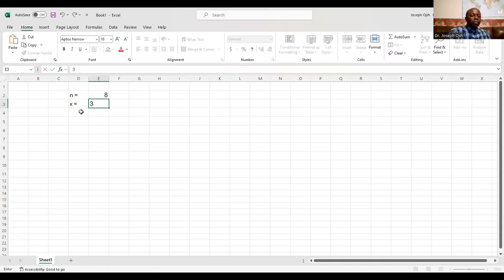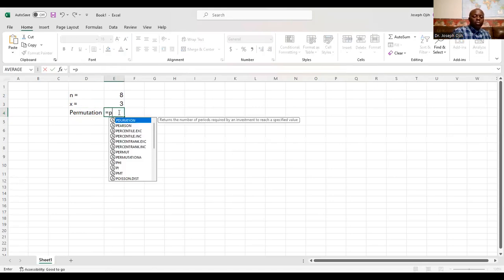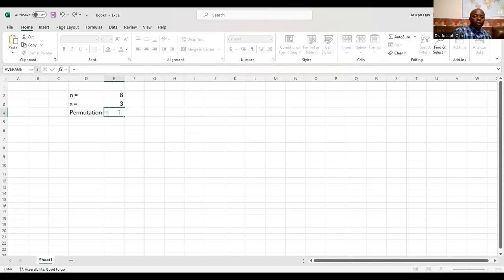So the permutation, equals, excuse me, let me use uppercase. See, it shows up, double click on it, then click on 8, comma, then 3. Press enter key.